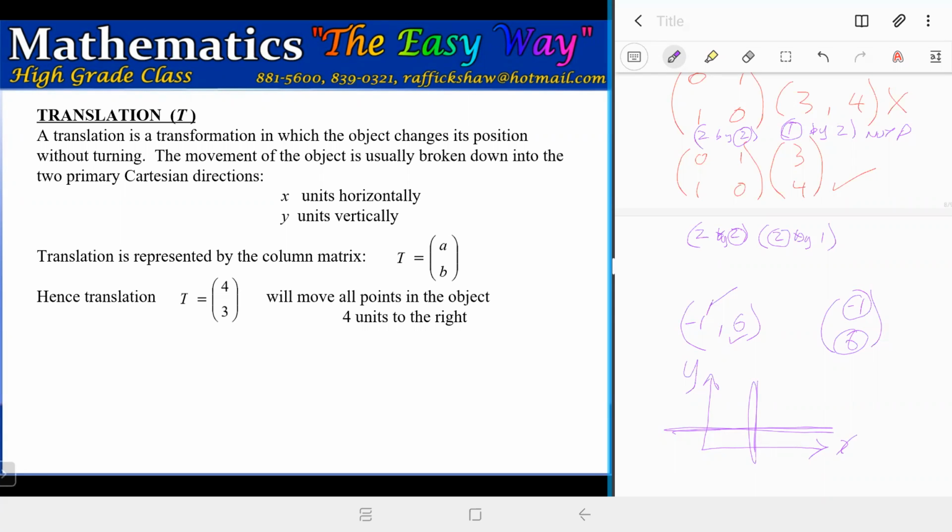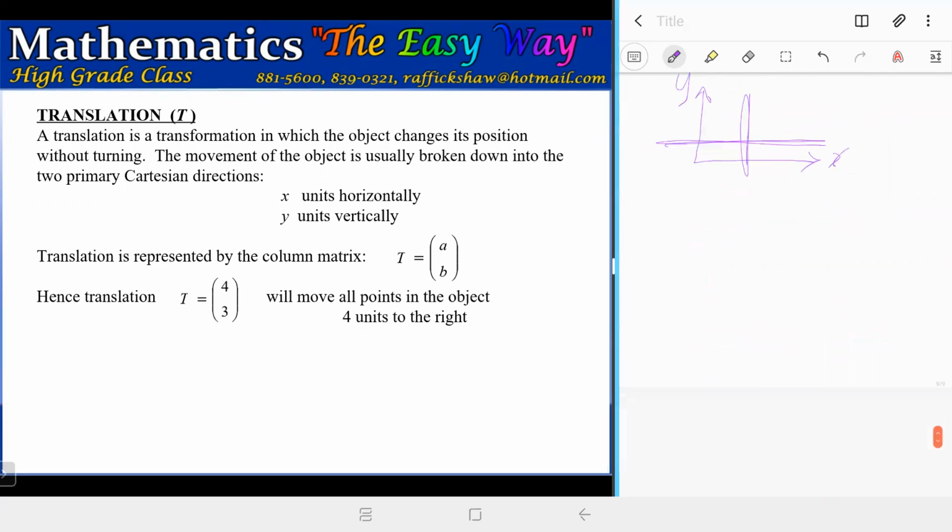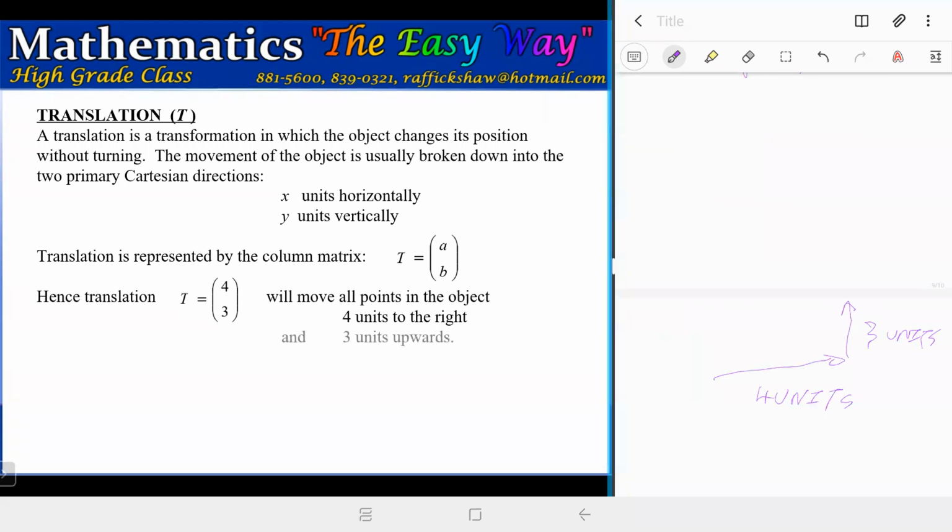That's in the x direction, 4 units to the right, because it is positive. And the 3 means that it's also going to move 3 units upwards. So it's 4 units to the right and 3 units upwards.